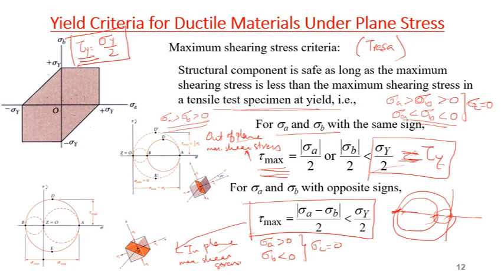If it's outside, then yielding will start. That's how you relate your biaxial state of stress or plane stress state with the uniaxial material property. This is known as the maximum shear stress criteria, or in some literature you will find it as the Tresca criteria.